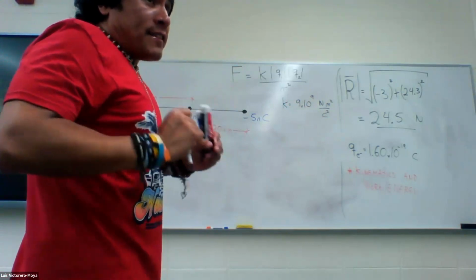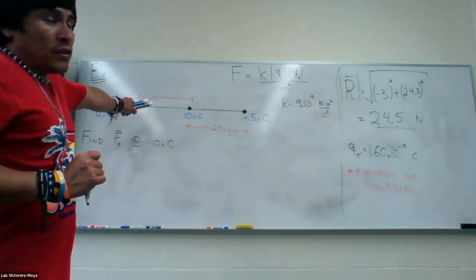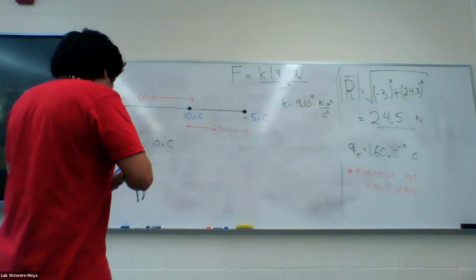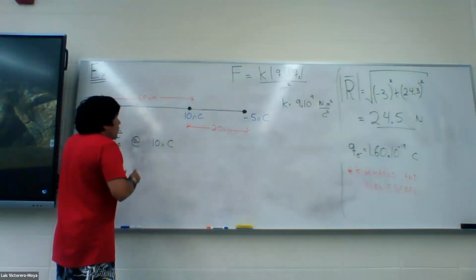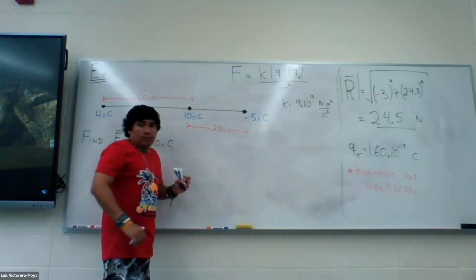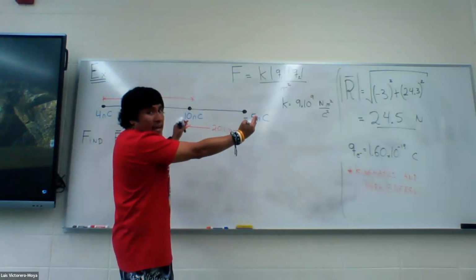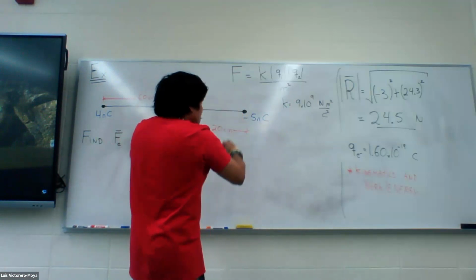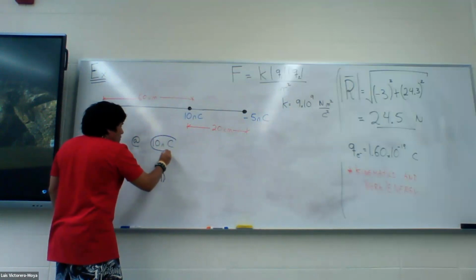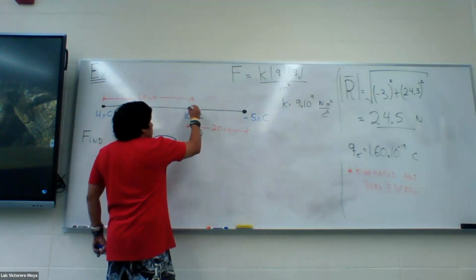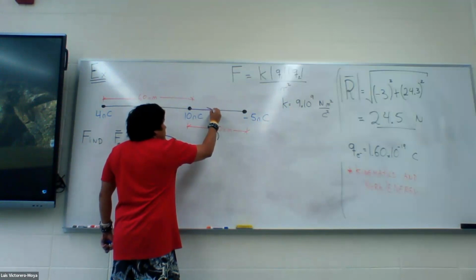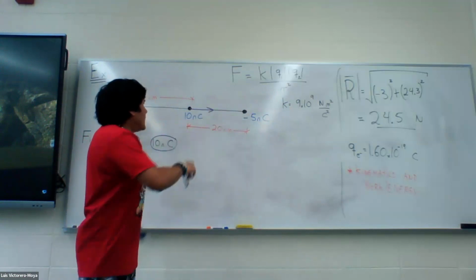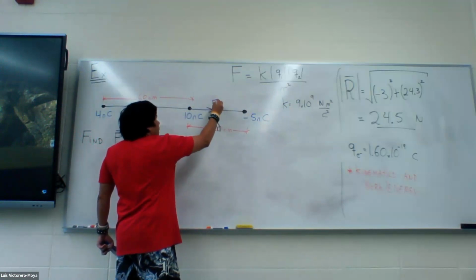So with the first step, when you do a problem like this, you want to draw the direction of the force. How? Between 10 and negative 5. Because this is negative and this is positive. They are going to attract. So this is my reference charge. So this charge is going to be pulled like this towards 5. Because that's positive, that's negative. And I label this F1.